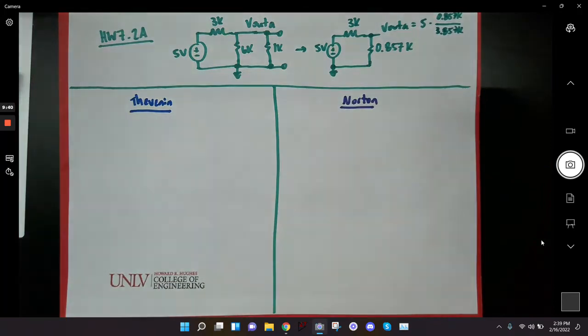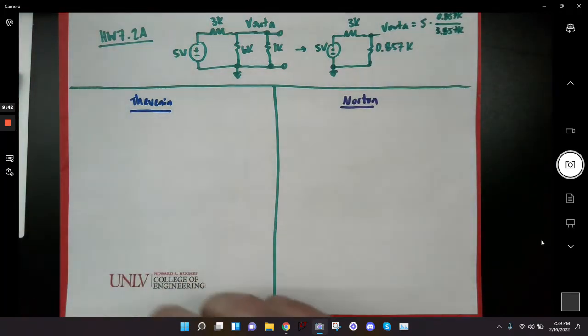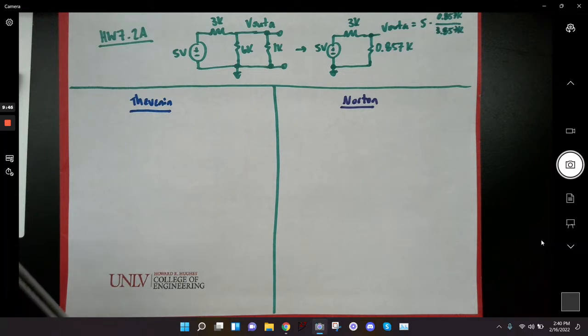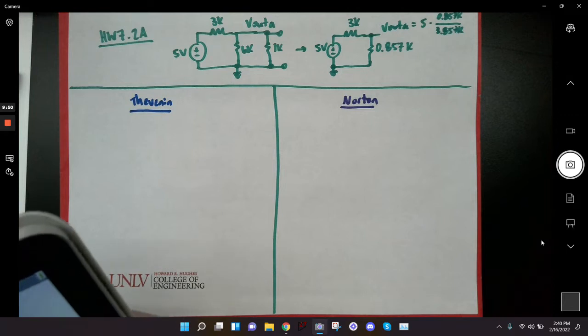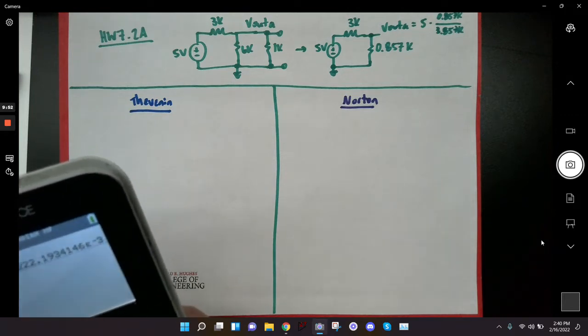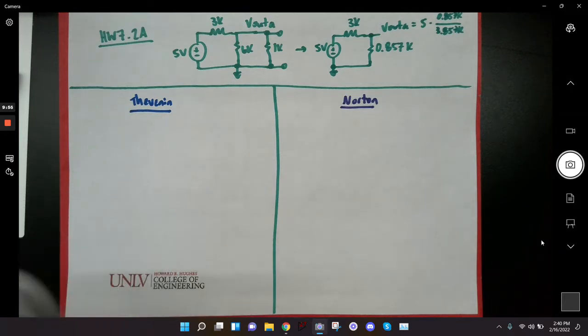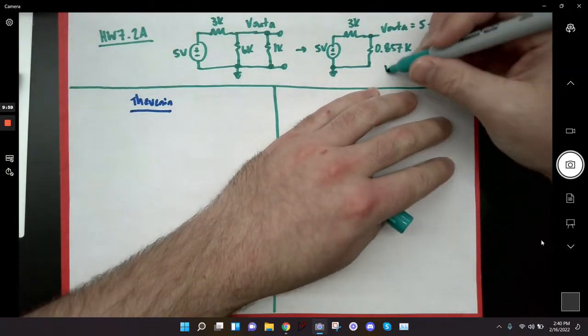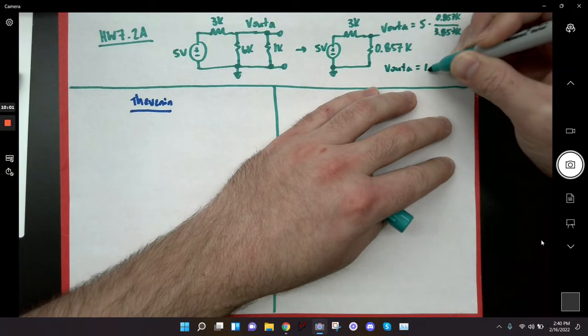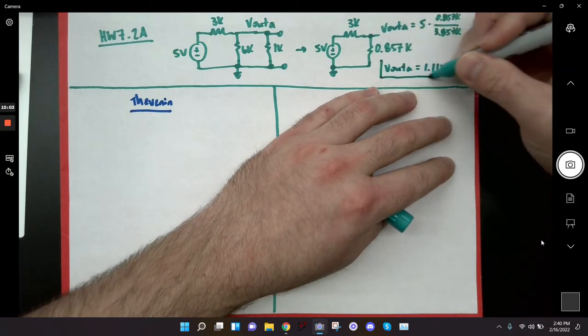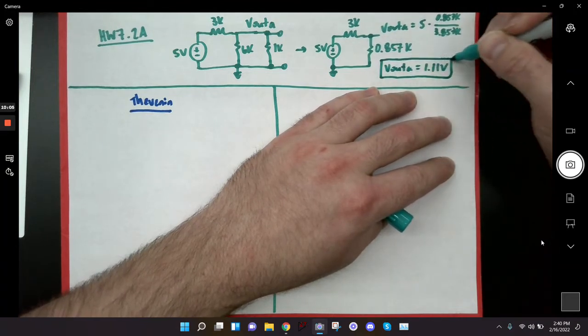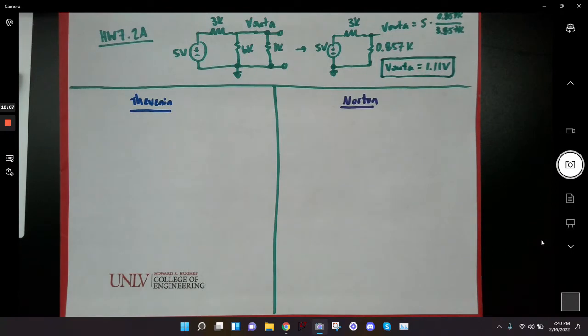Everyone agree with that? Voltage divider. So 857 over 3,857 times 5 gives 1.111 volts. I think that's right, that's what we got in SPICE. So my V out A is 1.11 volts. I've done nothing new so far. That's just finding V out, exactly like we would in any other circuit. Everybody good so far?